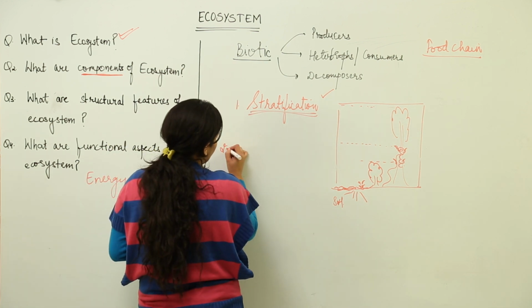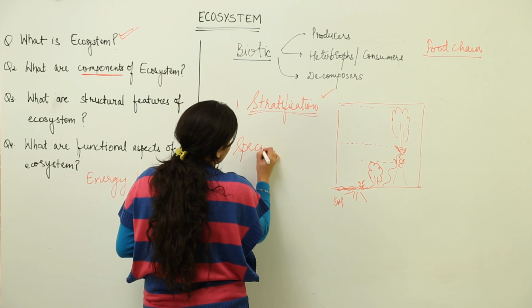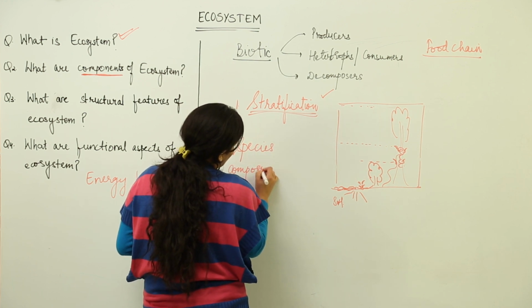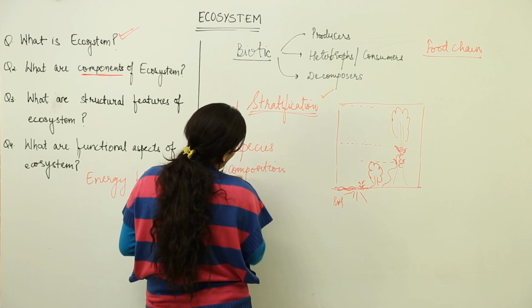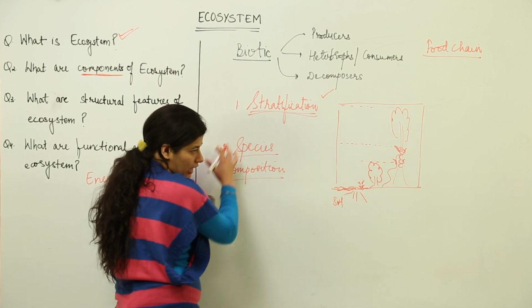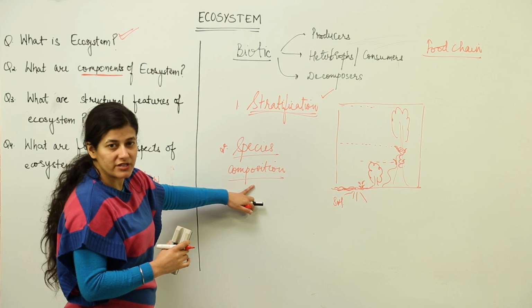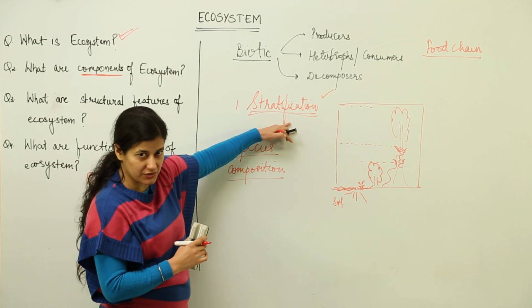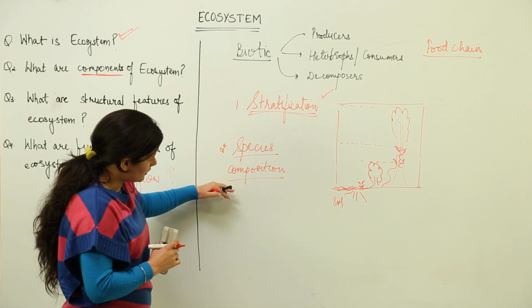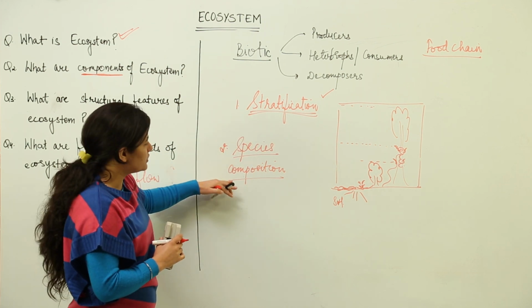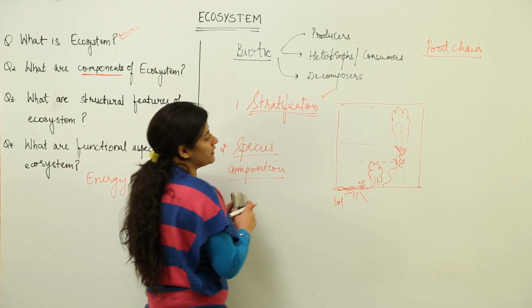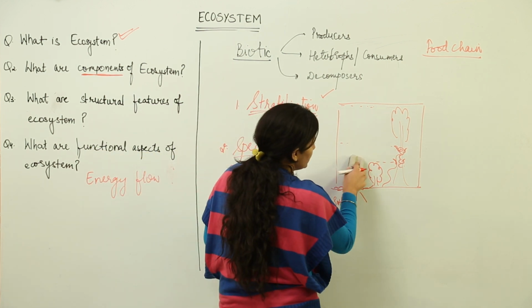Other one would be species composition. These are the two ways in which you can deal with the components of ecosystem. So you are going to study the ecosystem from the stratification point of view. Then there is another way that you would study the ecosystem from the species composition point of view, let alone the stratification.